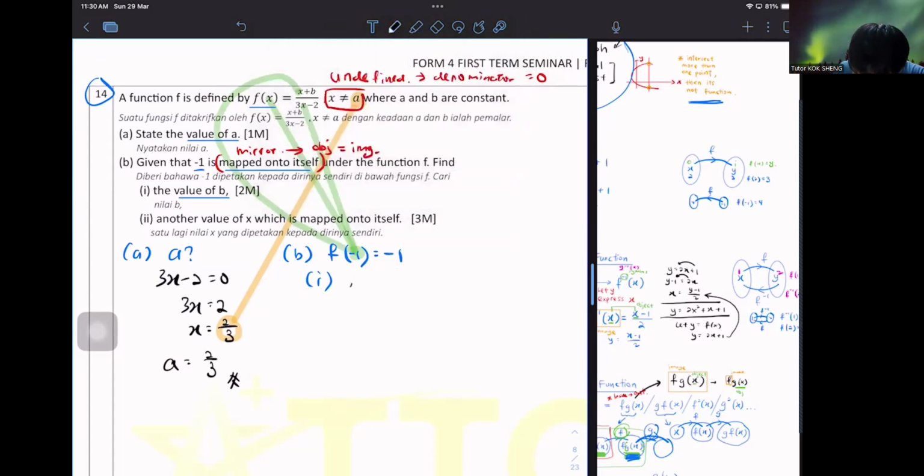So you get f(-1) equals to -1 plus B, 3 times -1 minus 2. Okay, bottom there can simplify: 3 times -1 minus 2, that is -5.